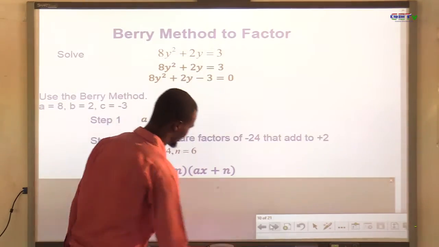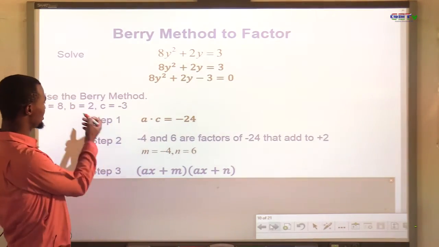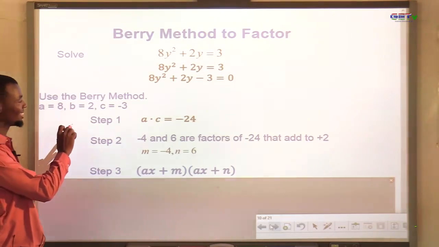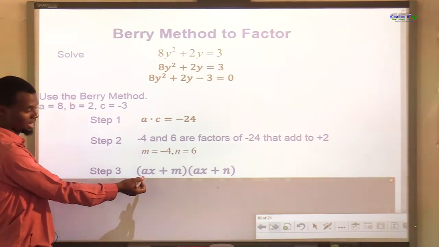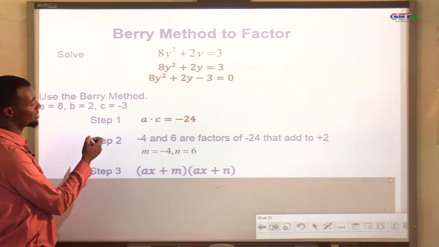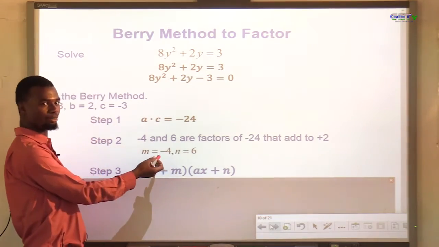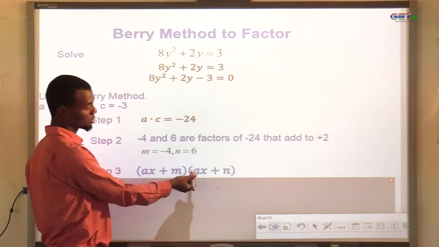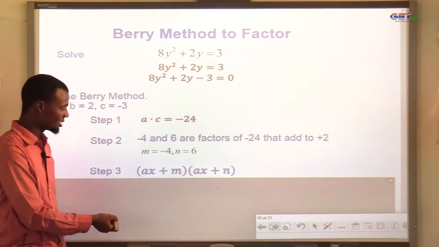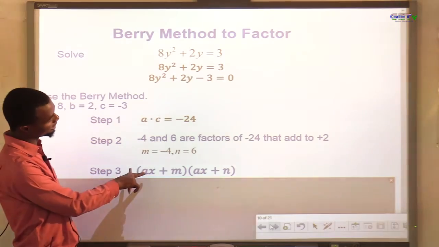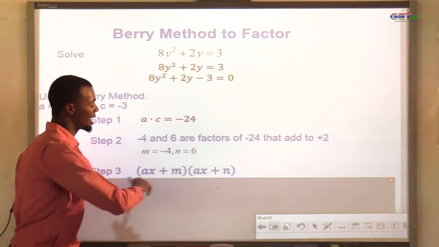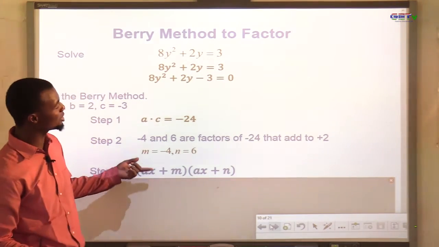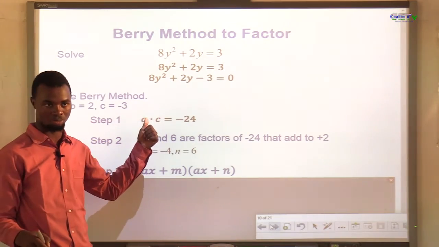So we go back. As we have our a as 8, we put 8 in the place of a, and we have our m as -4, and we have our n as 6. So we substitute the value there as it is. Now, how do we do that? If you look at this one here, our equation is not in x as a variable.